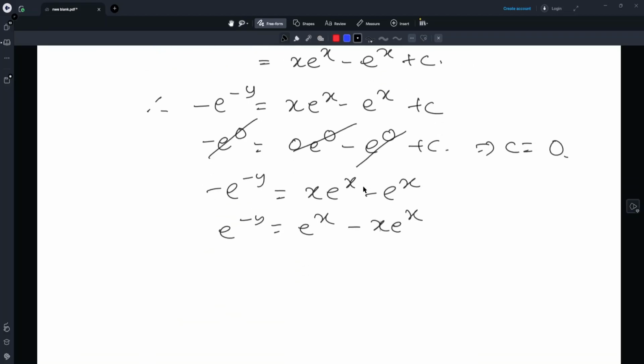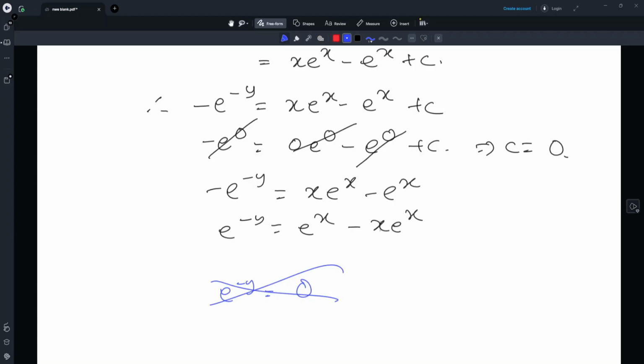Let's say we have x equals 1. What do we have then? We have e to the power minus y equals e minus 1 times e, so e minus e equals 0. So in this case, it would never be possible.